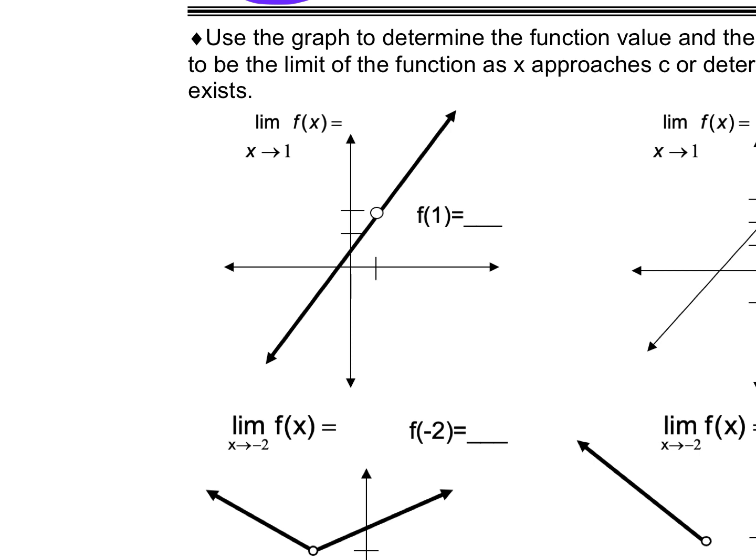Because there's a hole in the graph. So what we say is that f of 1 is undefined. Okay? So up until this point in time, we have had no way of finding any information about what's happening right there, because we've just said exactly at 1 it's undefined. We don't have anything there.